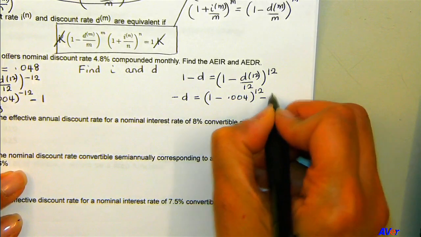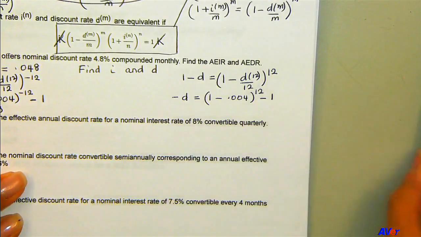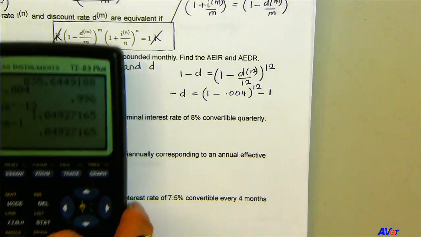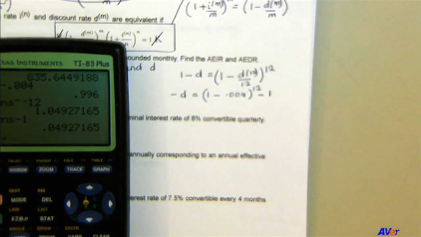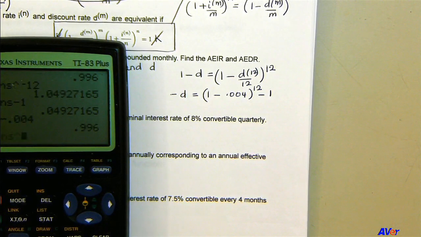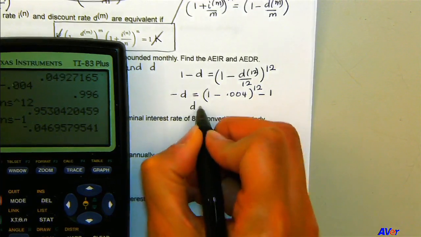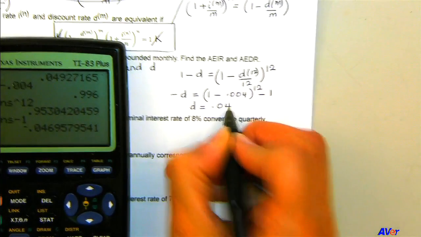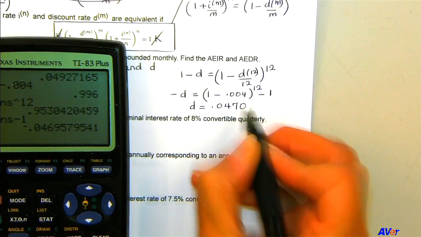That gives 0.0469, 0.04695, so d is about 0.0470.